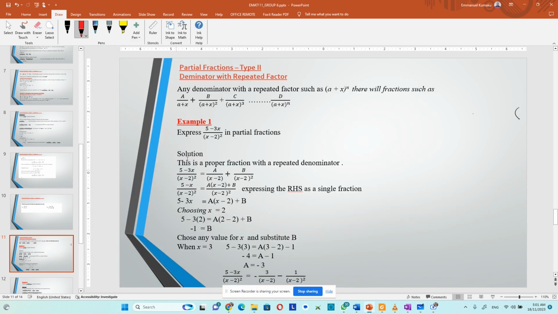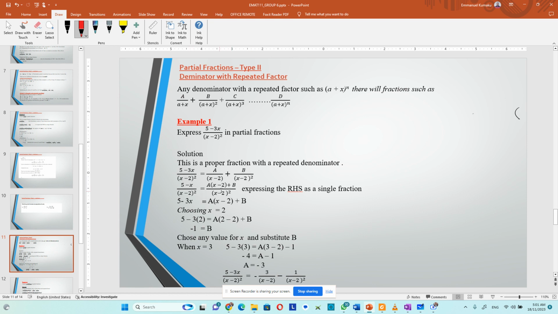Okay, so let's look at this question. This one is a repeated factor. It has already been factorized. If we expand the bracket, the degree of the denominator is 2 and that of the numerator is 1, so that gives us a proper fraction and we can proceed. The denominator gives us A over (x - 2), then B over (x - 2) all squared.